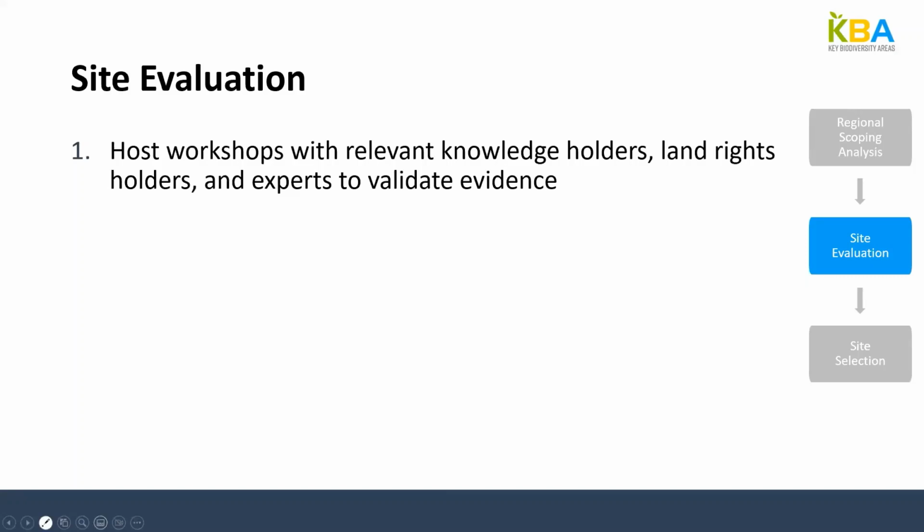And then once you have roughly delineated the site, you can begin to evaluate the site or sites that you have delineated. To validate the evidence and confirm that the site indicator values are within the thresholds based on the high integrity reference sites, you may have to host workshops with relevant knowledge holders, land rights holders, and experts.